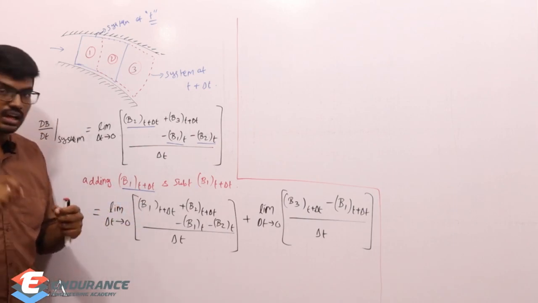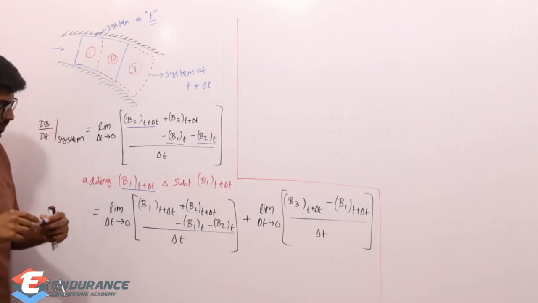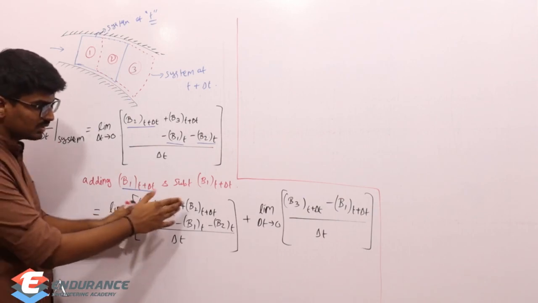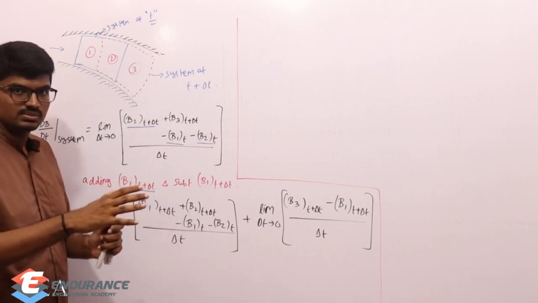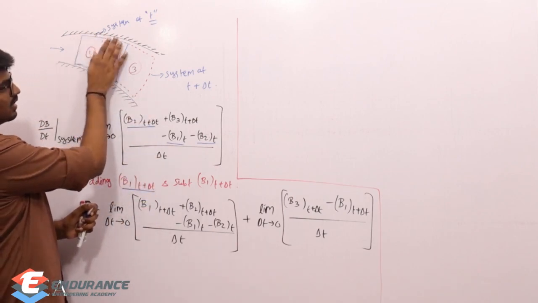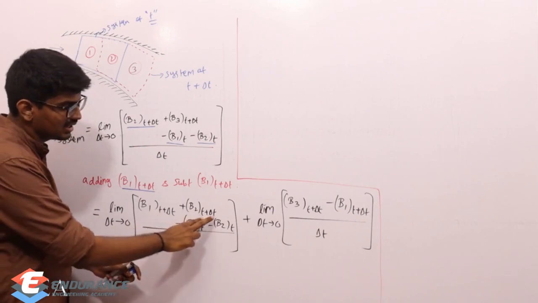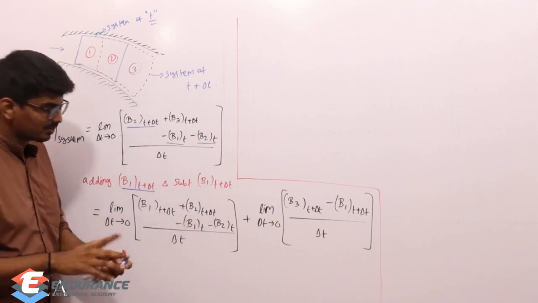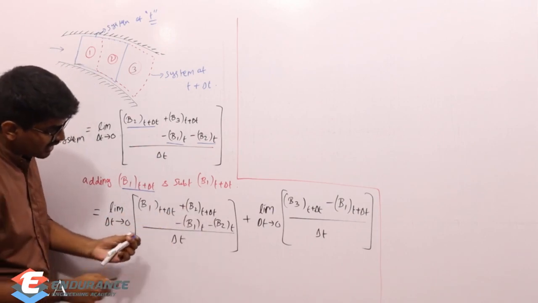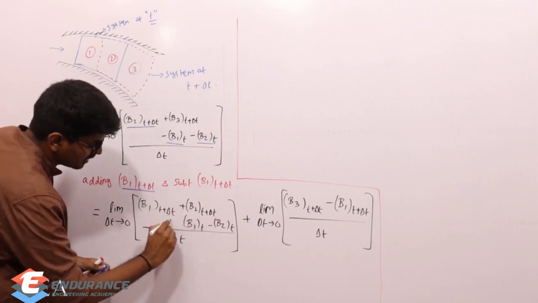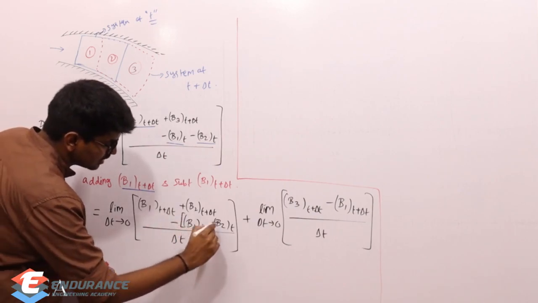Now listen. What is this b1 plus b2? b1 plus b2 is nothing but the control volume, at time t plus delta t. Now this I could take commonly and write it like this.